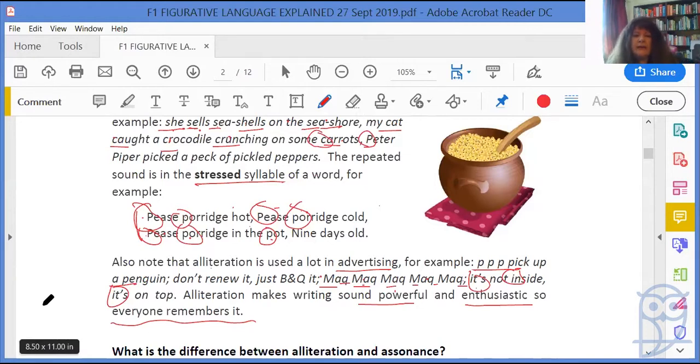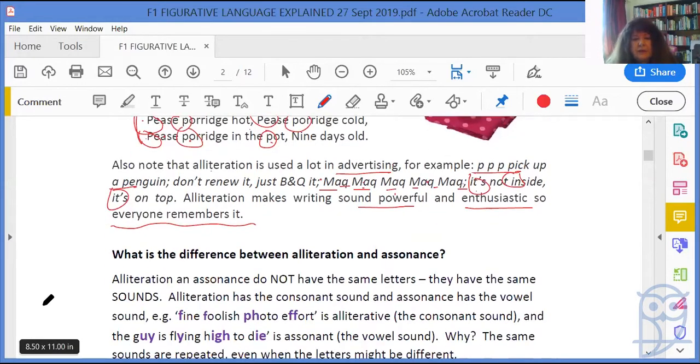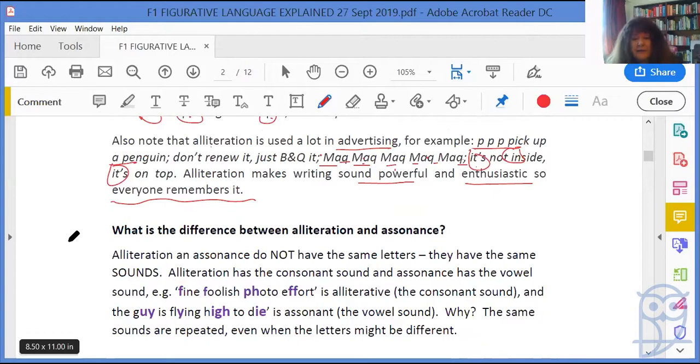So let's look at the difference between alliteration and assonance, other than this is the consonant sound and this is the vowel sound. Alliteration and assonance do not have the same letters, they have the same sounds. Alliteration has the consonant sound, assonance has the vowel sound.